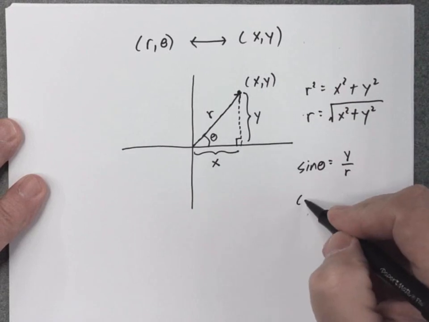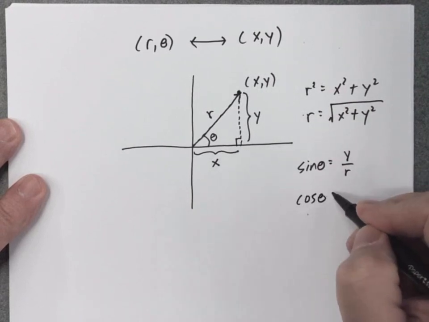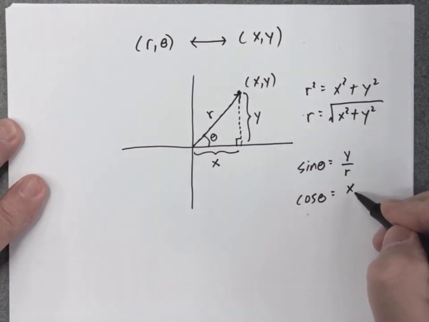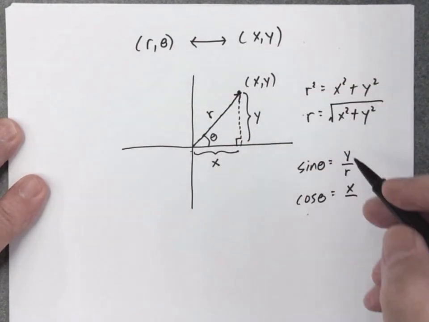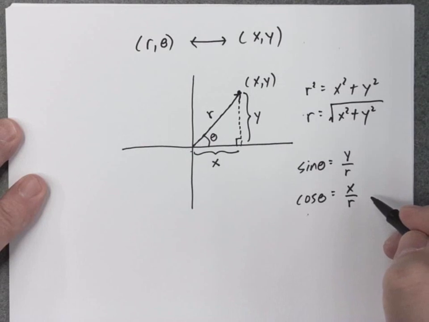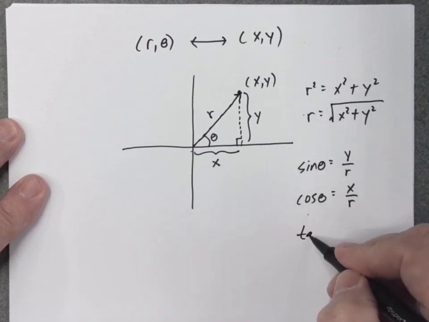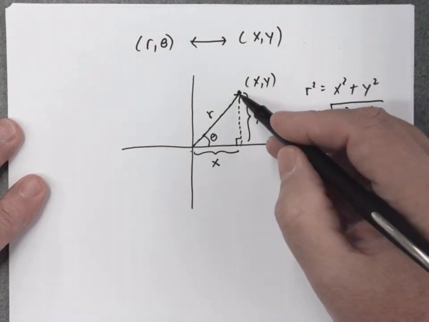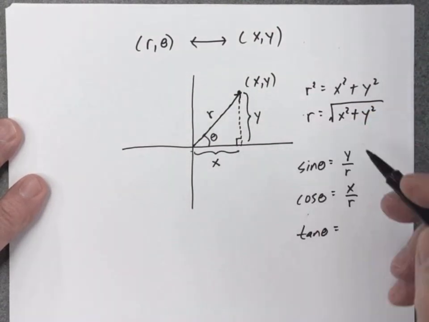Let's do the same thing for the cosine. CAH, adjacent over hypotenuse. So TOA, tangent, opposite over adjacent.